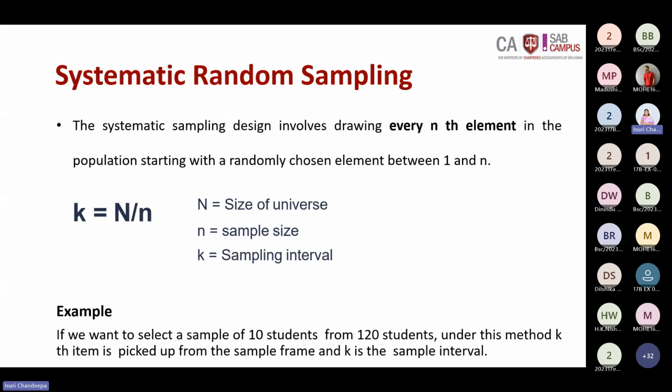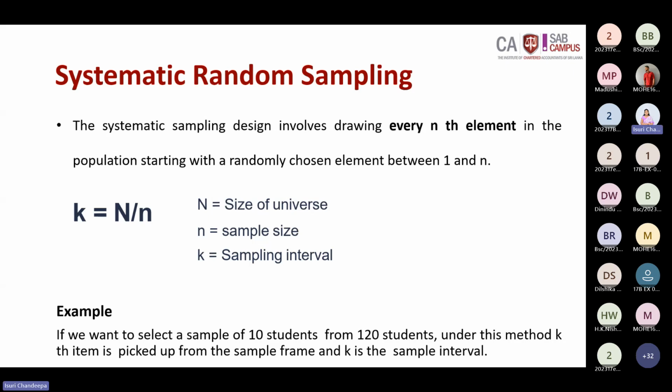K, sampling interval. So based on the sampling interval, we are going to pick each and every individual for our sample. Right. So the systematic sampling technique, or its design, involves drawing every nth item, nth element in the population, starting with a randomly chosen element between 1 and n.